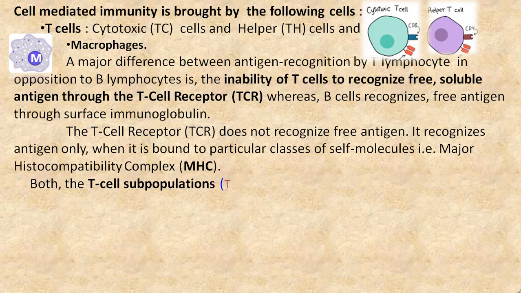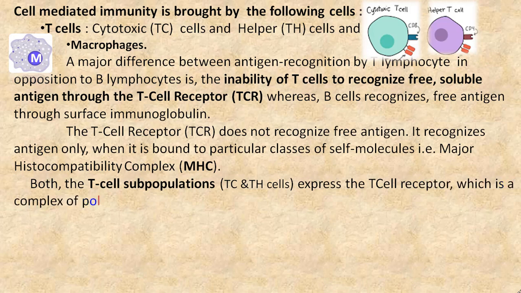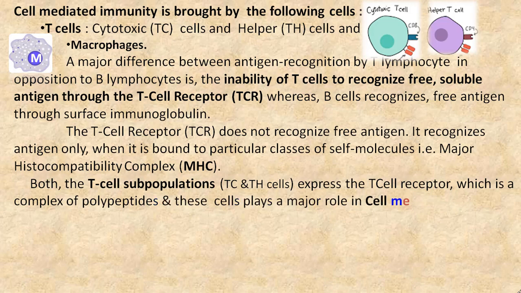Both the T cell subpopulations, that is cytotoxic T cells and helper cells, express the T cell receptor, which is a complex of polypeptides, and these cells play a major role in cell-mediated immunity.